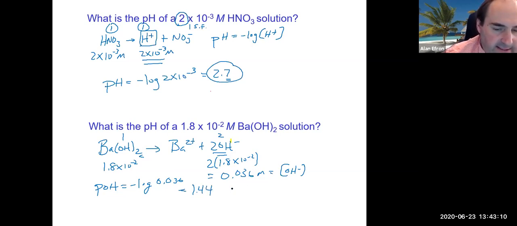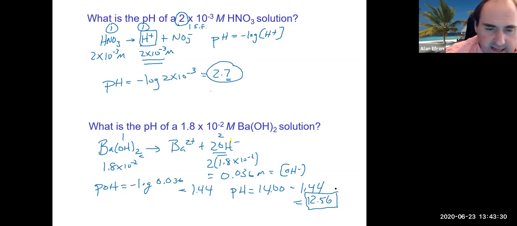And we would want to take 14 minus that to get to our pH. 12 and some change, I think. 12.56. That also does make sense. Obviously, 12.56 is basic. Barium hydroxide would be a base. And again, if you thought 1.44 was a pH, that shouldn't make sense to you.